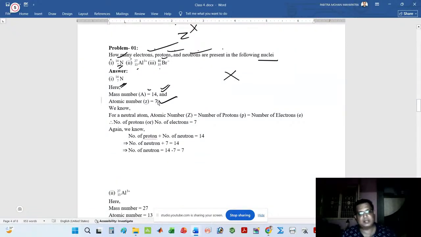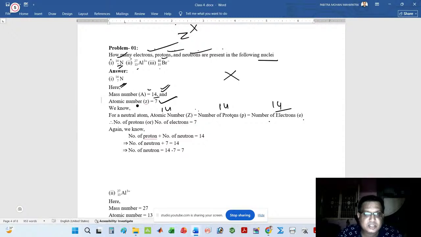As per the definition, for a neutral atom, atomic number Z is equal to number of protons, which is equal to number of electrons.